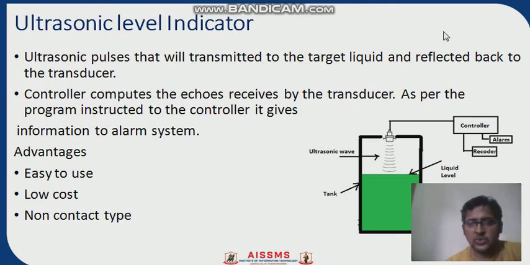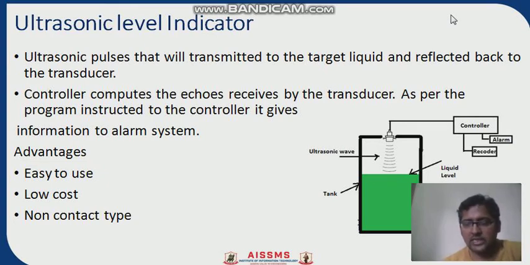Lastly, this is the ultrasonic level indicator. As we can see in the figure on the right hand side, an ultrasonic wave is passed inside the tank, which contains some liquid level, and the ultrasonic transducer is connected to a controller.